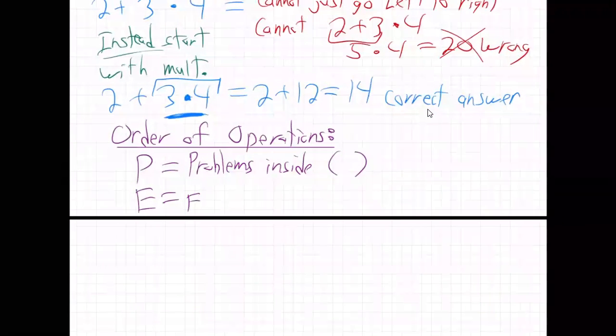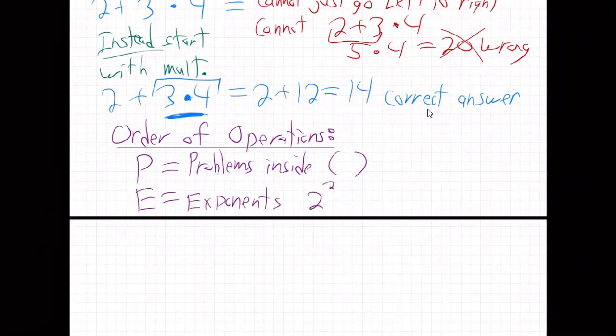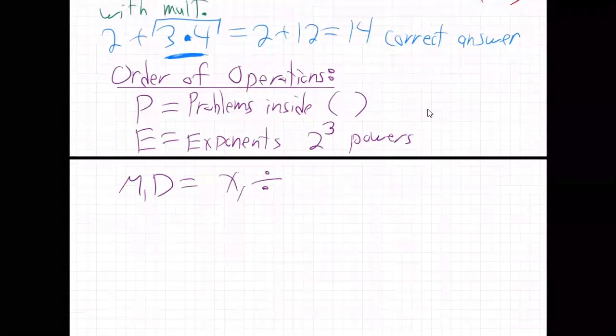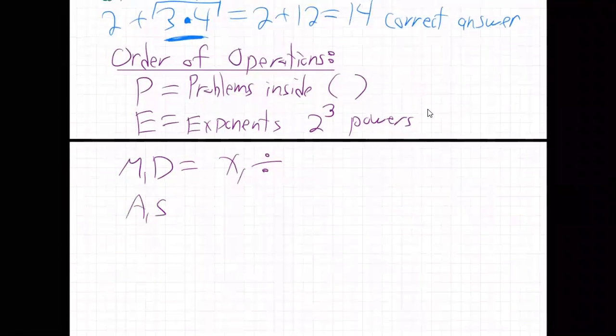E stands for exponents, like 2 to the third, you know, like powers. M and D, it's a funny looking M, are multiplying and dividing. And A and S are adding and subtracting.